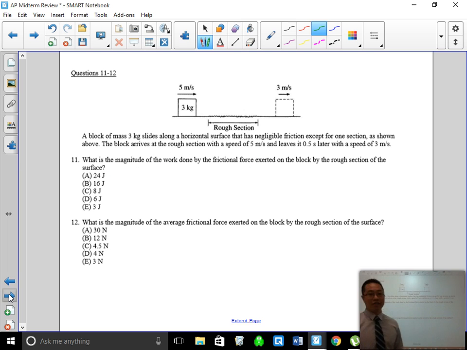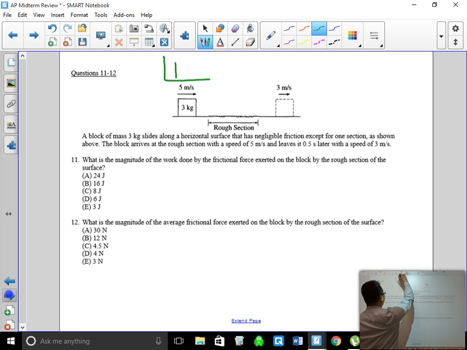A block of mass 3 kilograms slides along a horizontal surface that has a rough section, which means of course there's friction and there's energy being dissipated. They ask us, what is the amount of work done by the frictional force? Well, if I were to draw an LOL diagram, I could draw it like this.